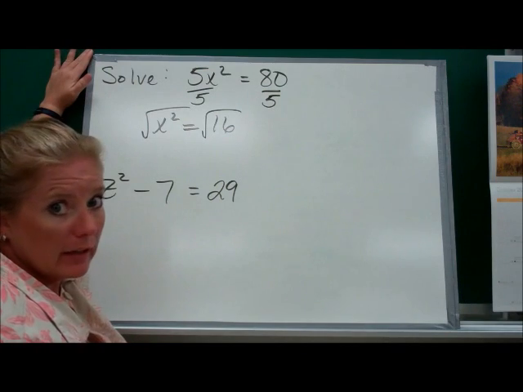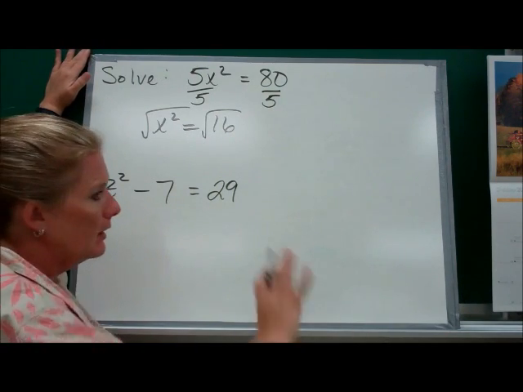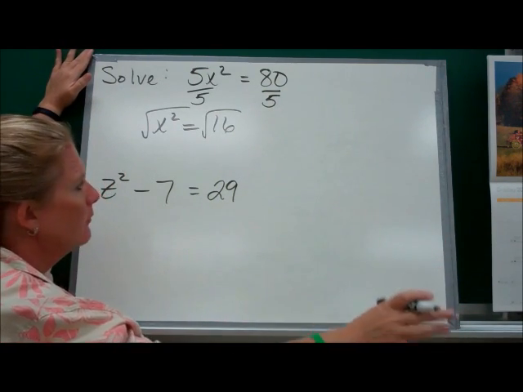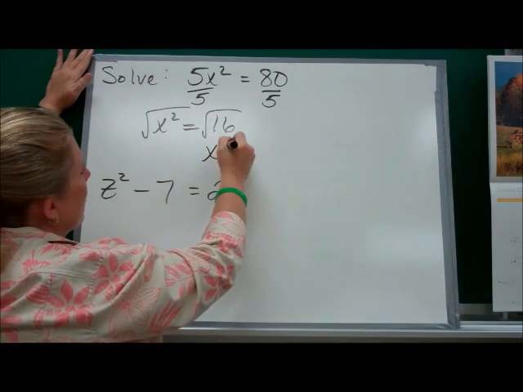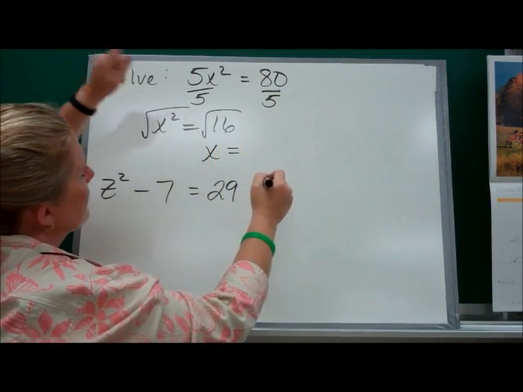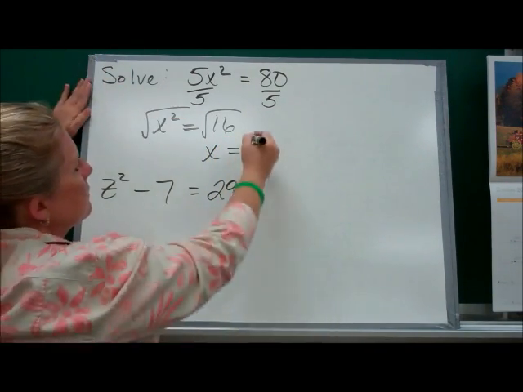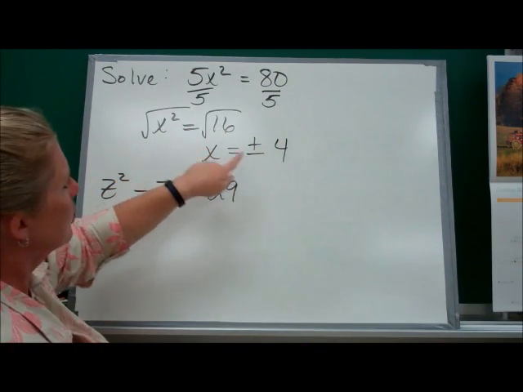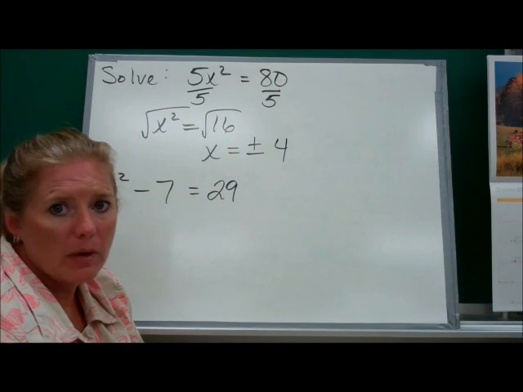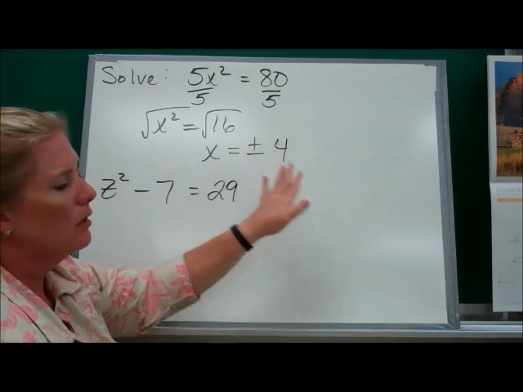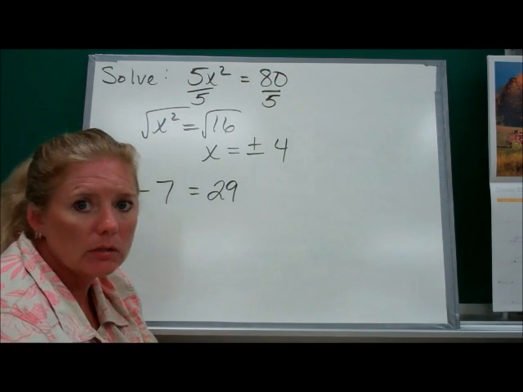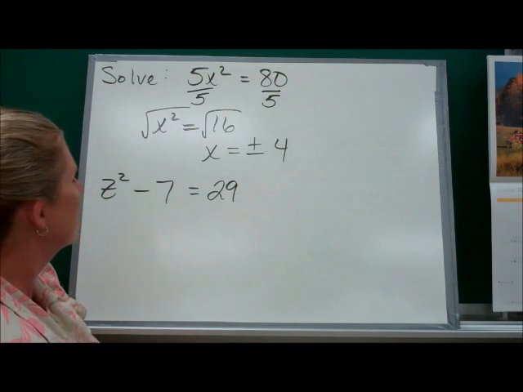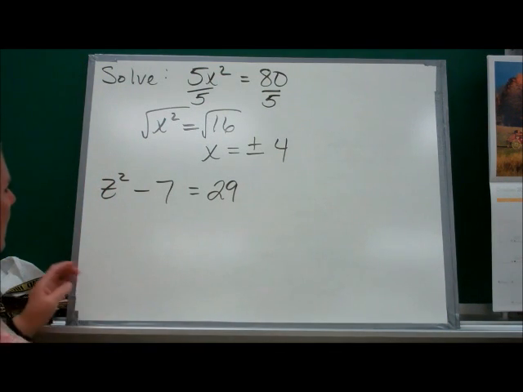Now, when you're solving and you take the square root of anything, you have to remember that x equals positive or negative, because 16 could be positive 4 times positive 4 or negative 4 times negative 4. Okay, you have to remember that. Okay, next one.